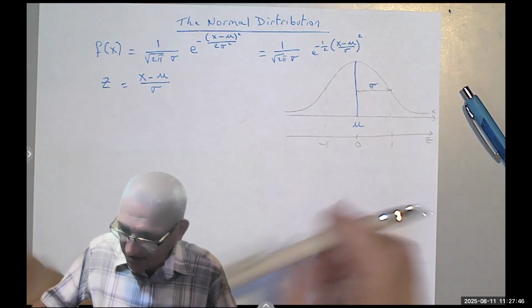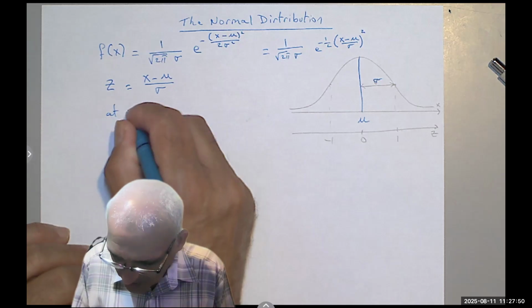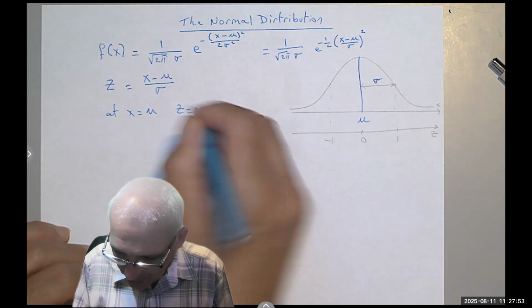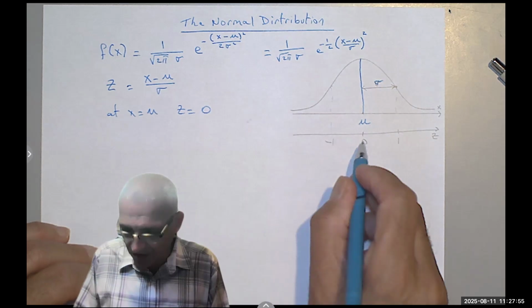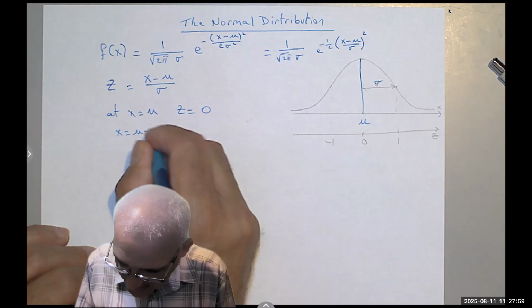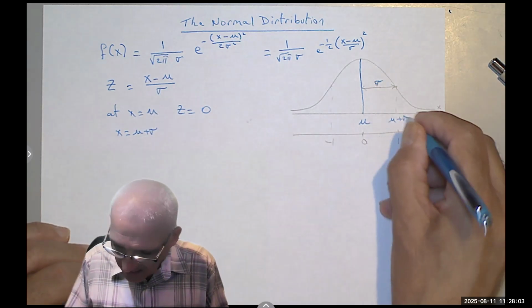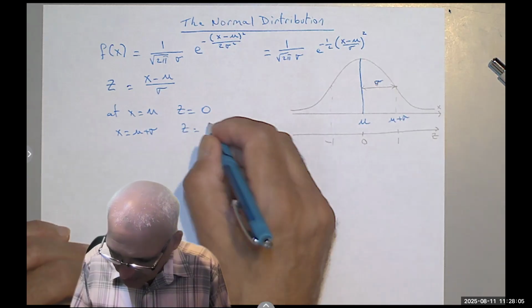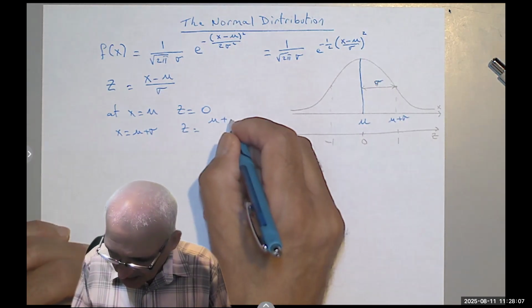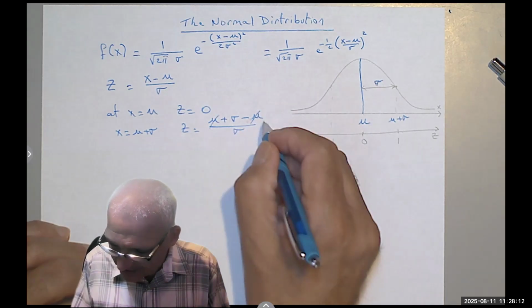Do you see? So here if I substitute and I say at x equals mu, z equals mu minus mu over sigma, so I get 0. If x equals mu plus sigma, then z becomes mu plus sigma minus mu over sigma. These cancel and you get 1.